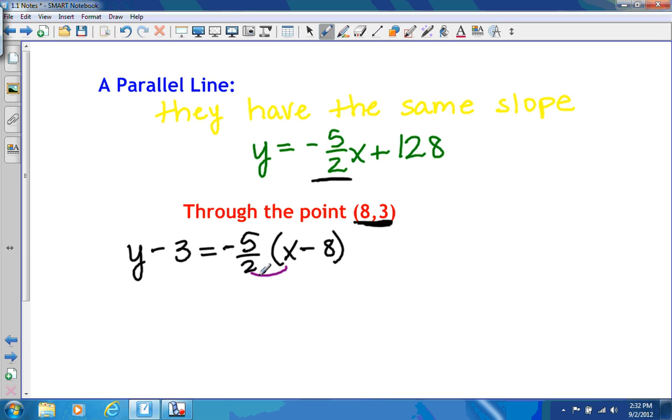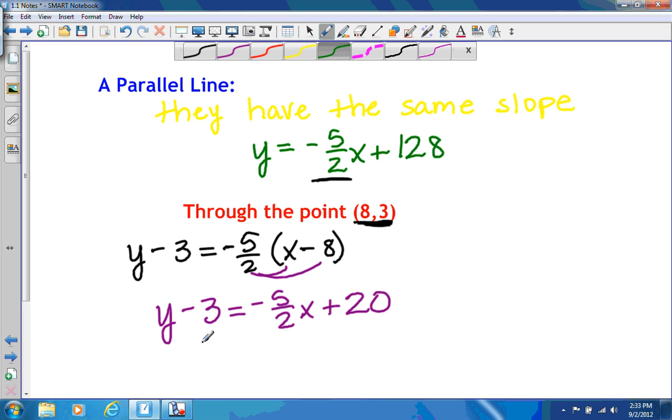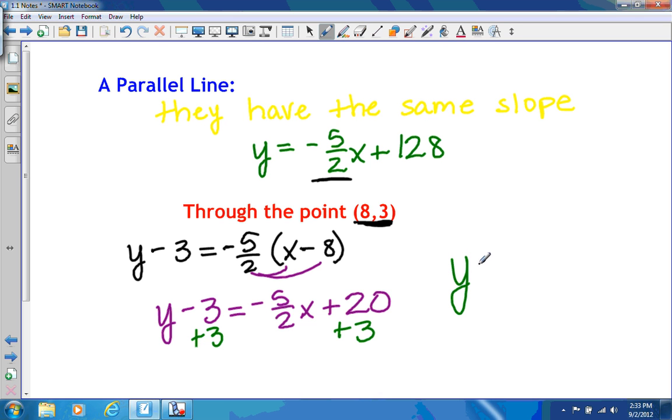Distributing the negative 5 halves would give us y minus 3 equals a negative 5 halves x plus 20. And finally, moving the 3 to the other side by adding it, our parallel line would then have an equation of y equals negative 5 halves x plus 23.